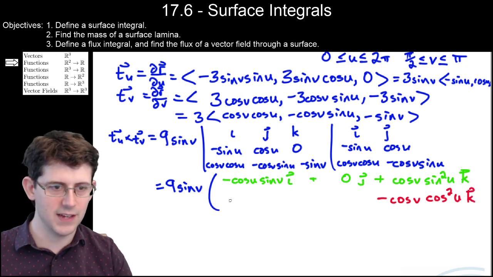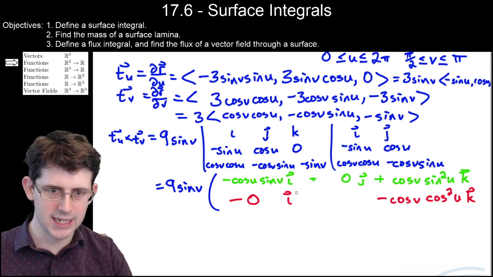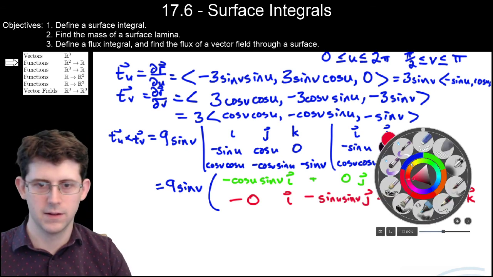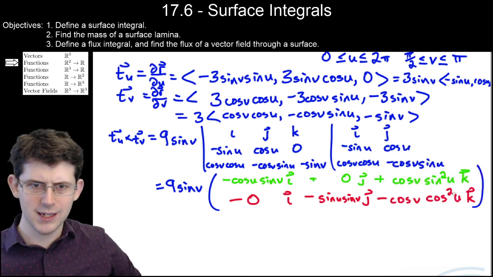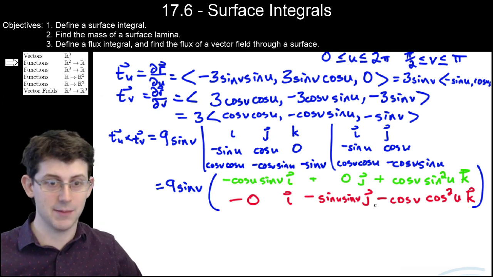In the i slot, I've got nothing. In the j slot, I have minus, minus, minus. So it's going to be minus sine u sine v. I've seen this before with the sine squared and the cosine squared, and the fact that these don't have the same sign means that I messed something up.